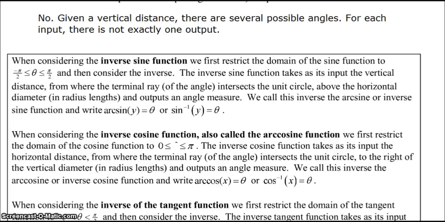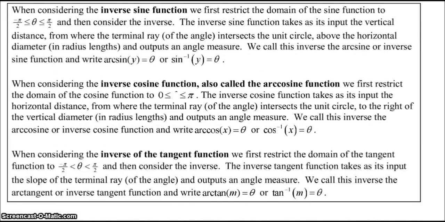The inverse sine function takes as its input the vertical distance from where the terminal ray of the angle intersects the unit circle above the horizontal diameter and outputs an angle measure. We call this inverse the arcsine or inverse sine function, and write arcsine of y equals theta, or sine inverse of y equals theta.